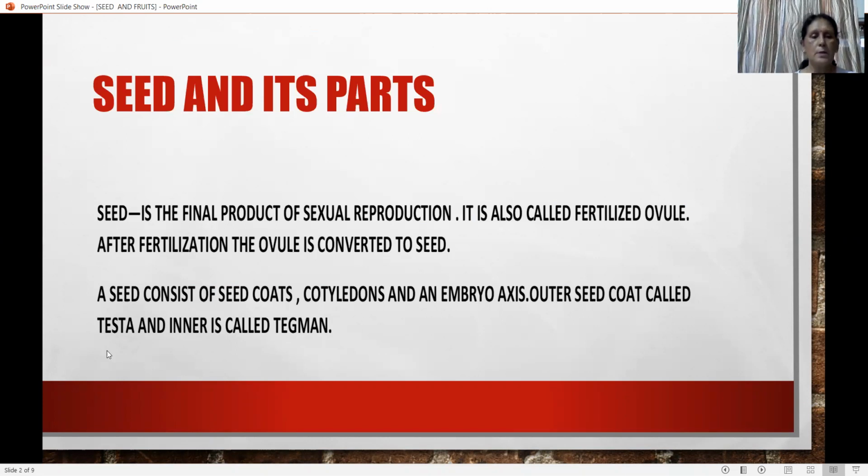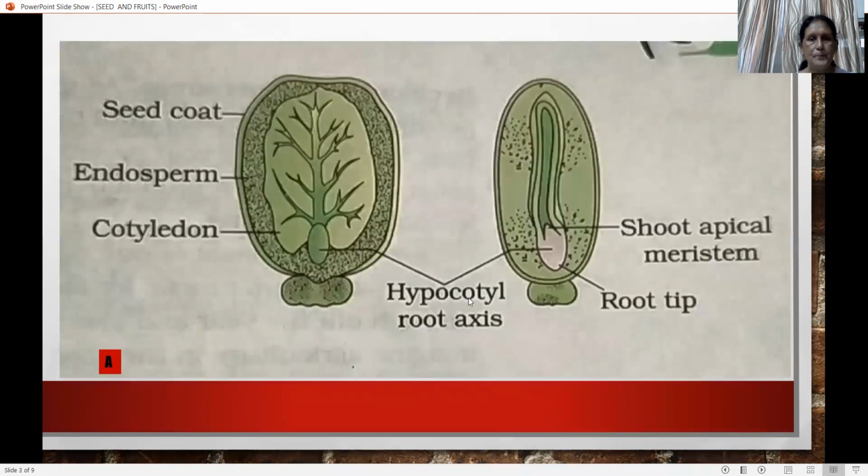The outer seed coat is called testa, which is rough and tough, and the inner is called tegmen, which is membranous. Cotyledons may be one or two. In a monocot, it is a single cotyledon called scutellum, and in a dicot, it has two cotyledons and an embryonal axis.